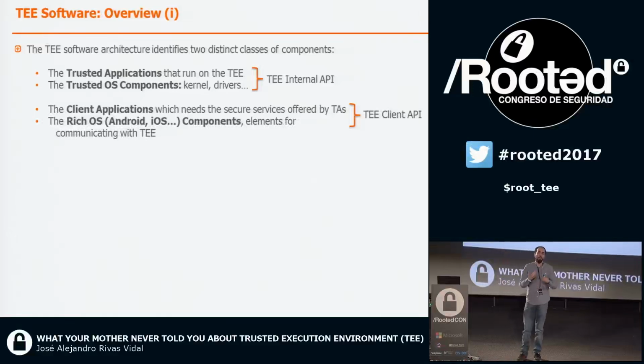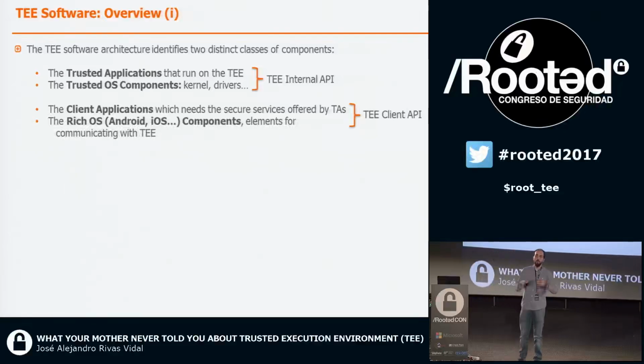We'll also be interested in certain elements of the current operating systems, what I call the client applications, which are the applications that will use the services provided by the trusted applications, as well as the rest of the elements in the operating system that allow for the communication between the client application and the trusted operating system.